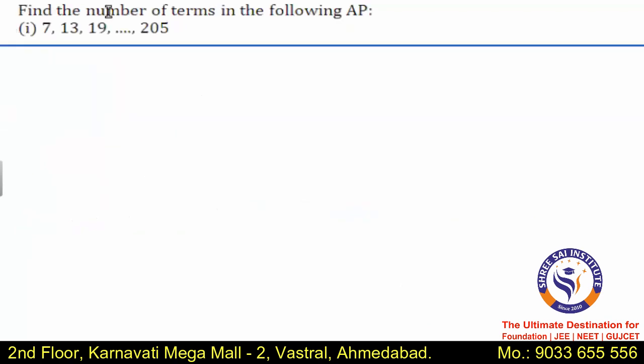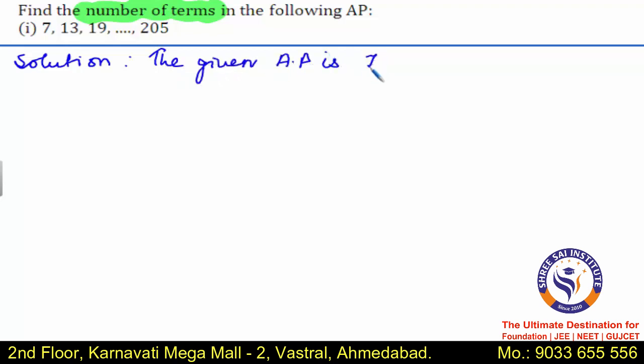In this question, we have to find the number of terms in the given AP. The given AP is 7, 13, 19 and so on up to 205. Here the first term of the given AP is 7, right?